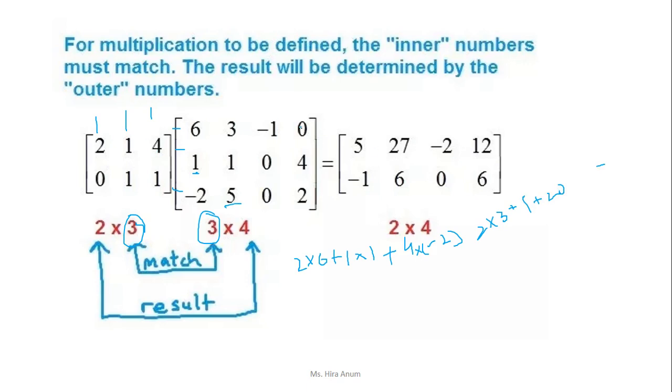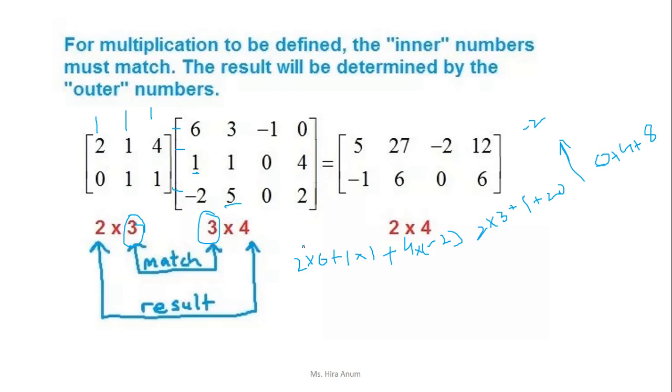Now 2 multiply 0 is 0, 1 multiply with 4 is 4, 4 multiply with 2 is 8. This row here, I missed the column, 2 multiply with minus 1, it becomes minus 2, 1 multiply with 0 is 0, 4 multiply 0 is 0.